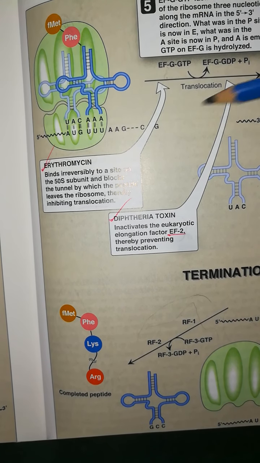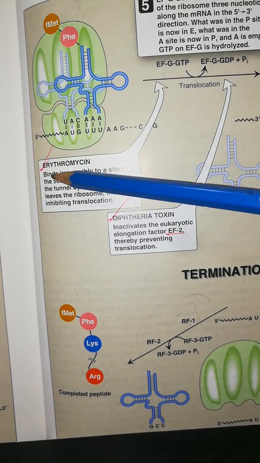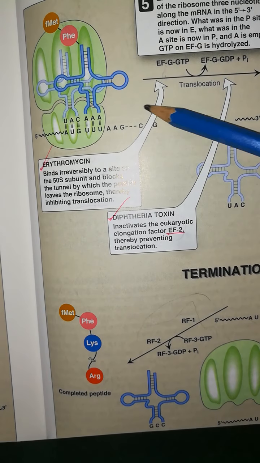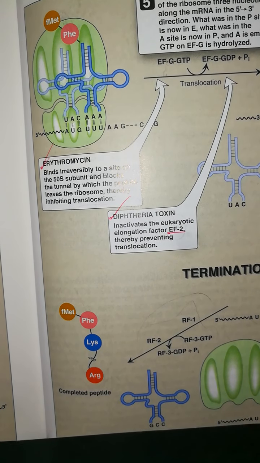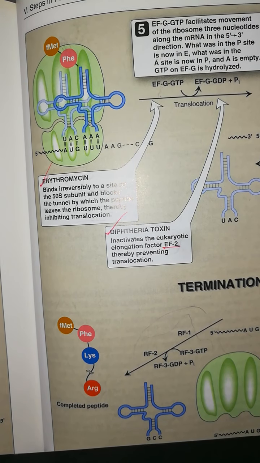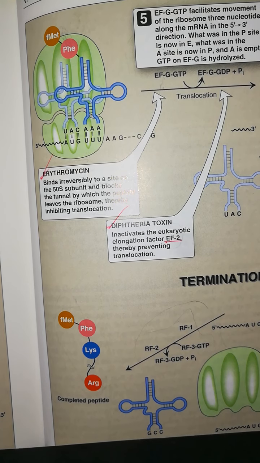Suppose this translation process is occurring in the bacteria in our body. By taking the erythromycin antibiotic, we can inhibit the translation process or protein synthesis process at step number five of the bacteria. So the translation process is inhibited. Ultimately the bacteria cannot produce protein and it can die.